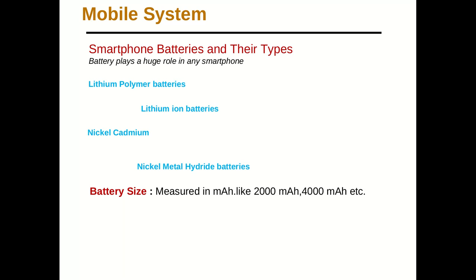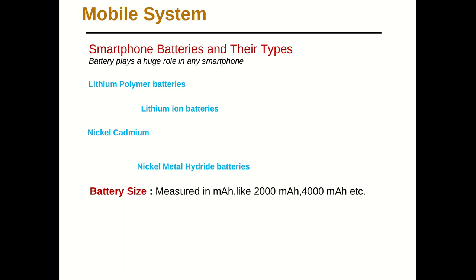The next type of battery is nickel cadmium. These cells suffer from the memory effect, which reduces the capacity of the battery and its lifespan as well. The next type, an older one, is nickel metal hydride batteries.